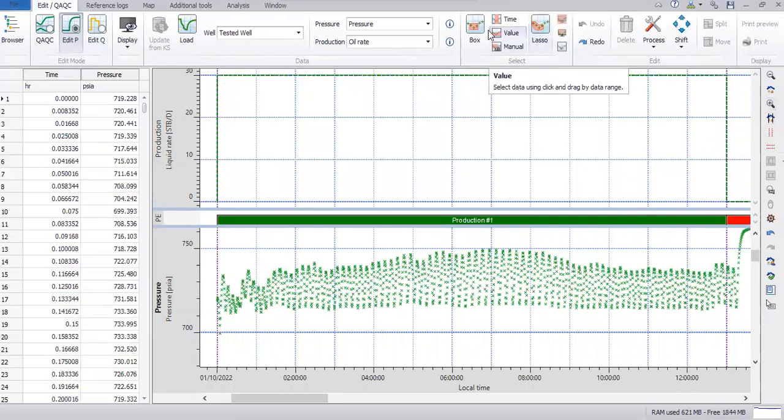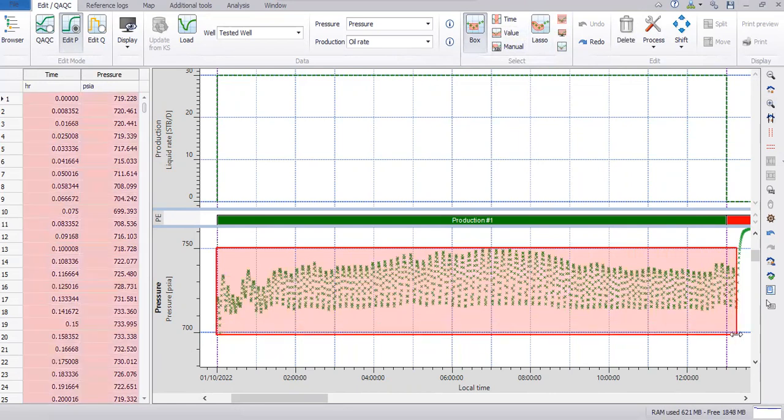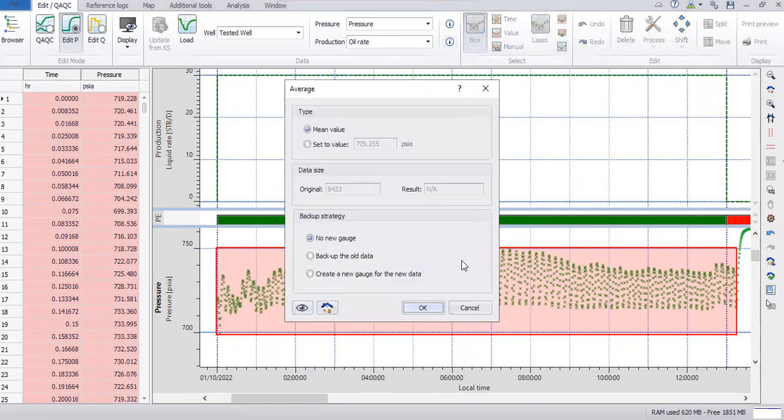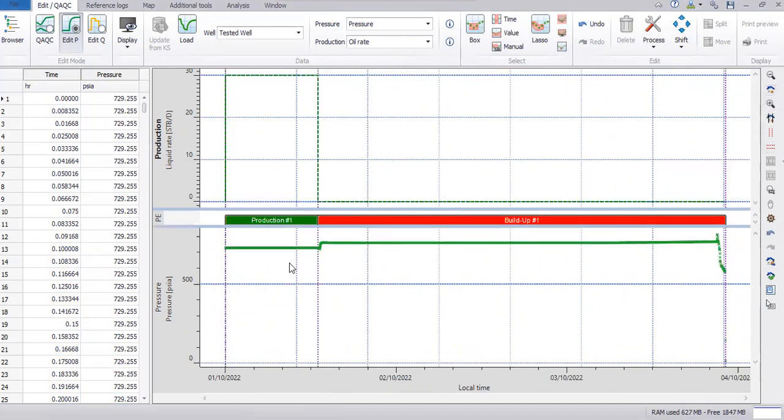So what about using average instead? Or if not, let's try average first. Still, it's like there is no difference. They are too close, I think. No?